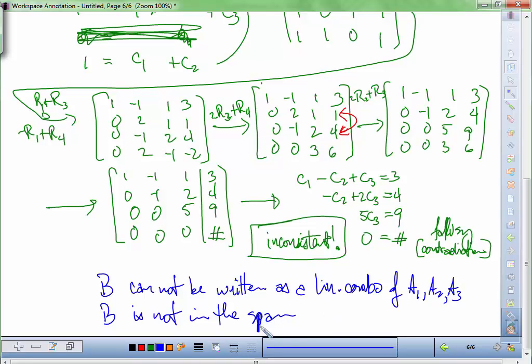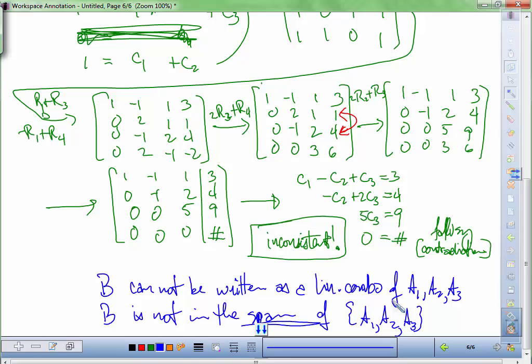So there's a word, span, that we learned a while ago. A span is something that you can write as a linear combination of a set of vectors. So we can extend that idea to matrices as well. The span of the set of matrices A1, A2, A3.